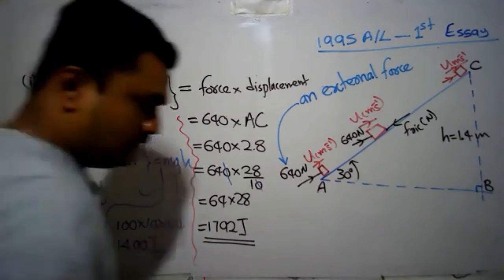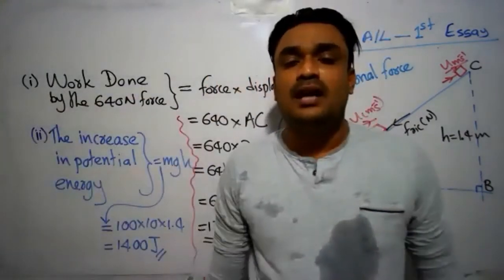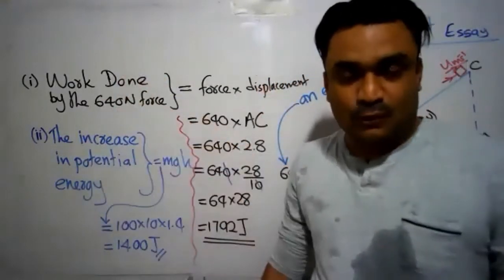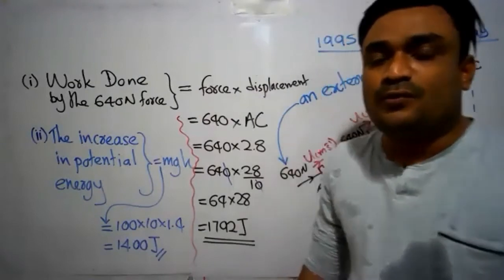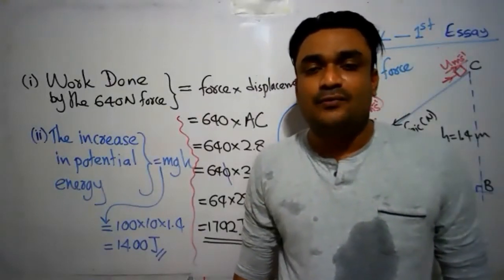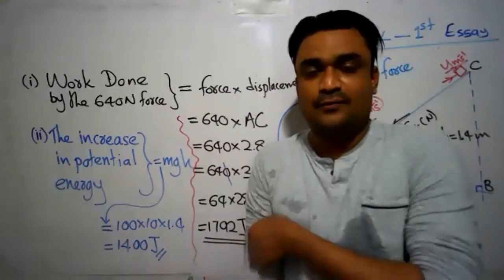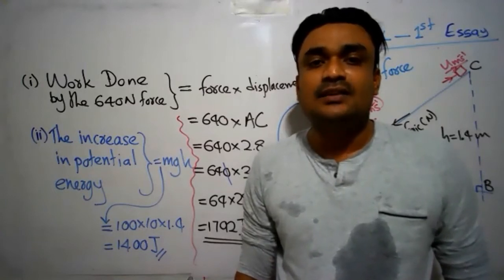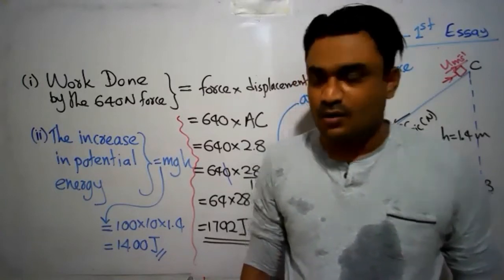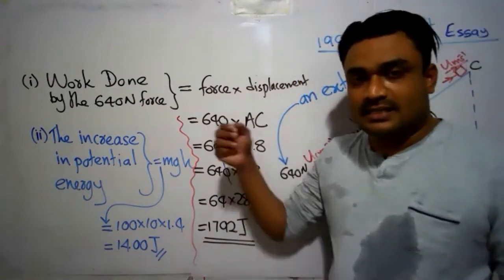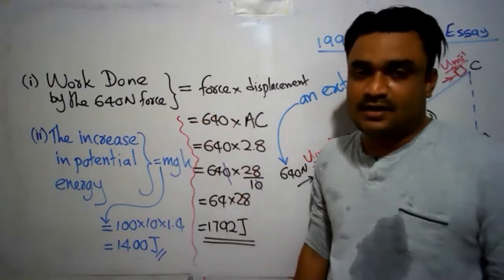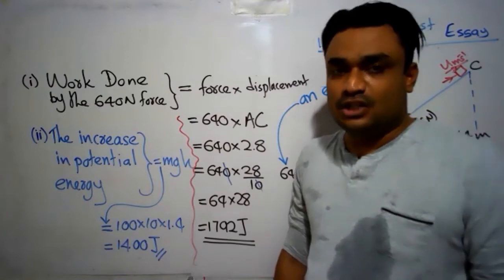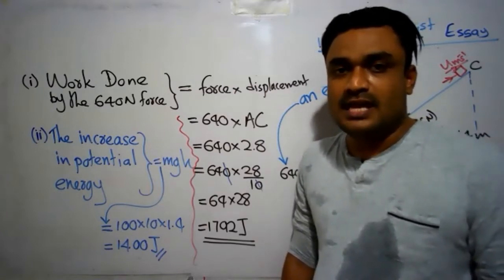Please write the answer for Roman number 3. Some amount of work done by the 640 Newton force is used to do work against the friction.